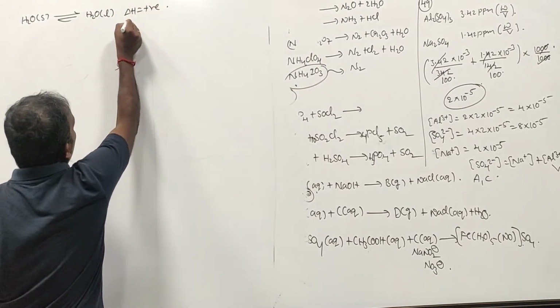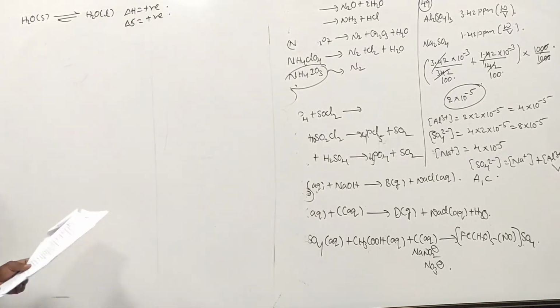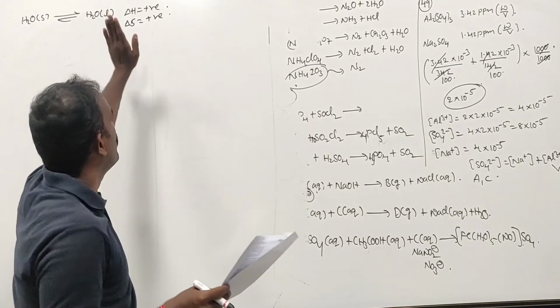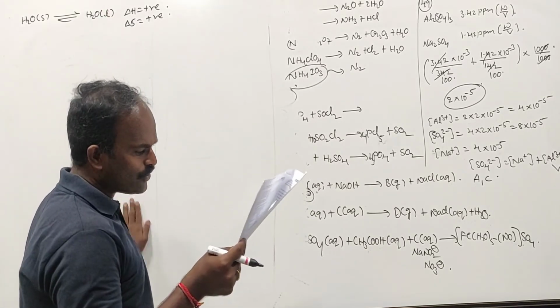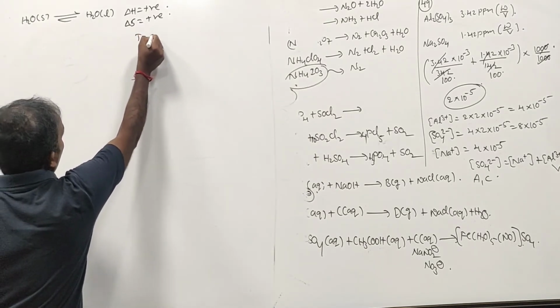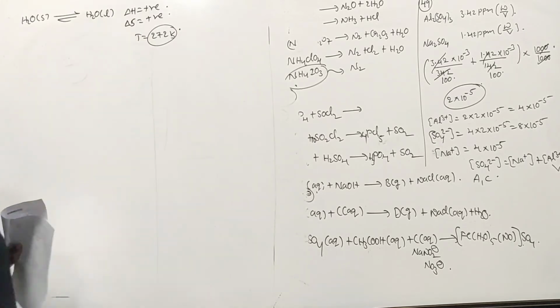I am just writing, I am not looking at the options also. Delta S is equal to positive. Surely these two are true, because this is an endothermic process and delta S is positive. And the temperature is given as 272 Kelvin, because they have given it as minus 1 degree Celsius.